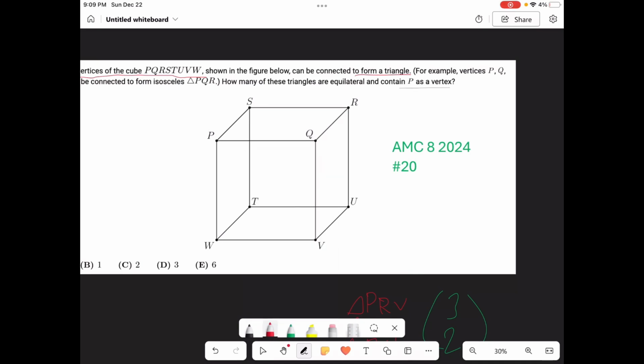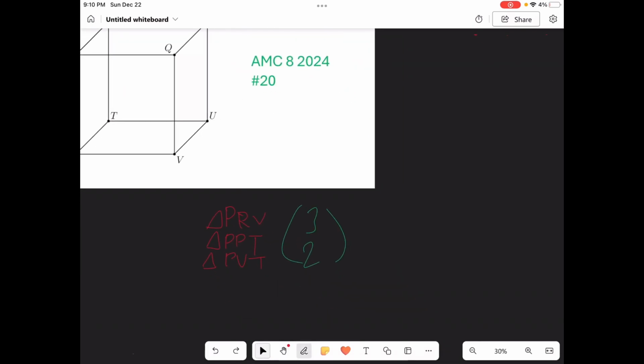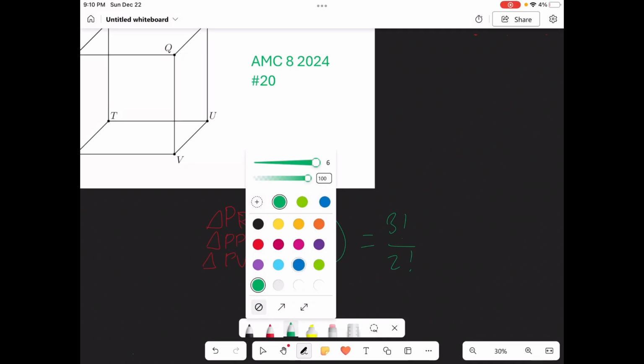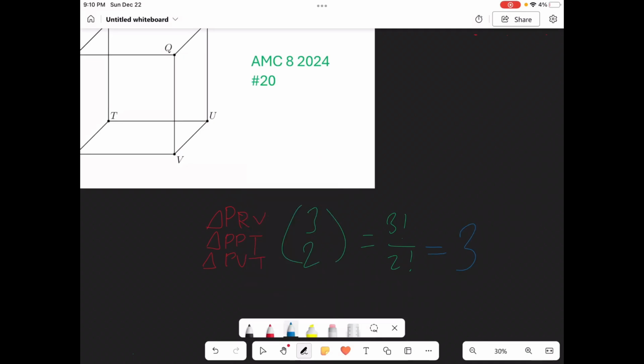So we exclude it and consider our options of R, V, and T, and we choose 2 of them. 3 choose 2 is 3 factorial over 2 factorial, which is just 3. Therefore, our answer for this problem is 3.